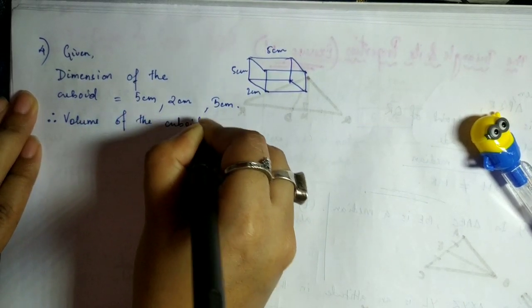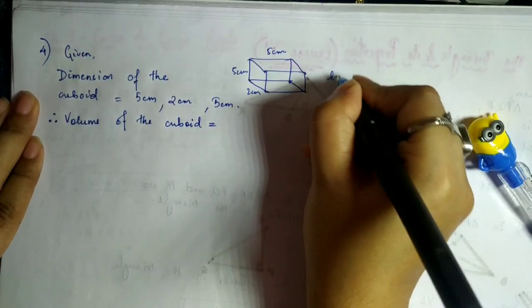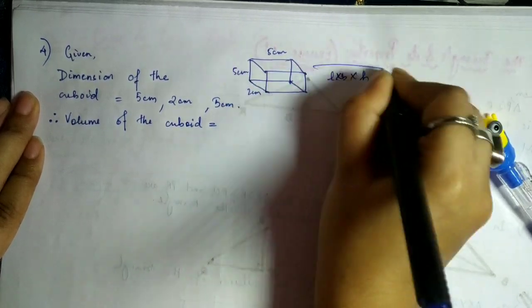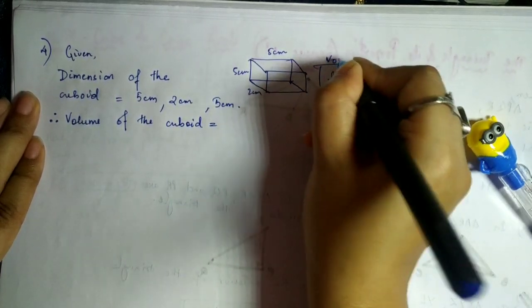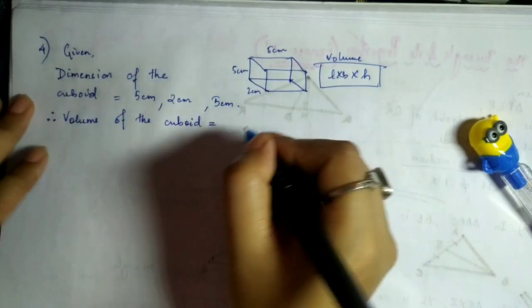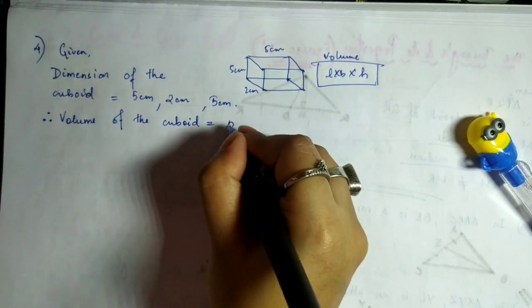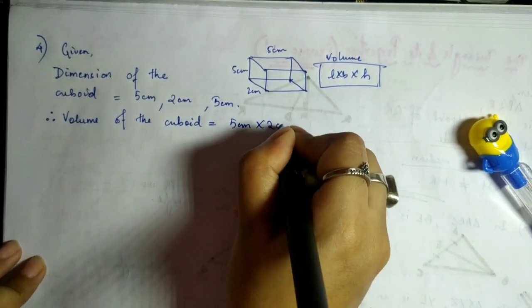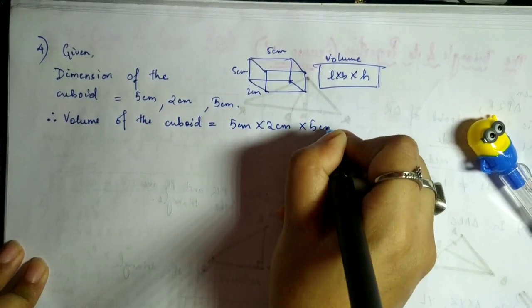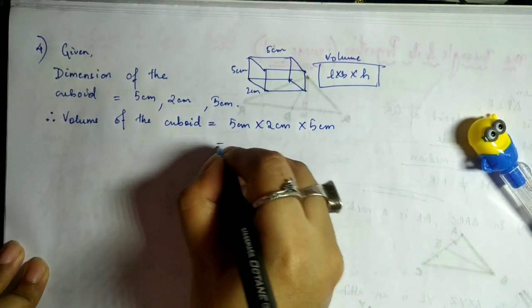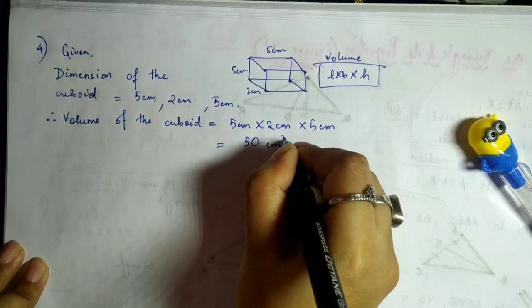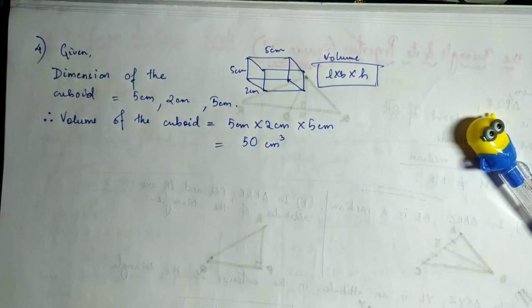You know the formula of the volume of a cuboid is length into breadth into height. Any one can be length, breadth or height. So it is 5 cm into 2 cm into 5 cm. 5 twos are 10, 10 fives are 50 cm cube. Leave the unit, it is not used now.